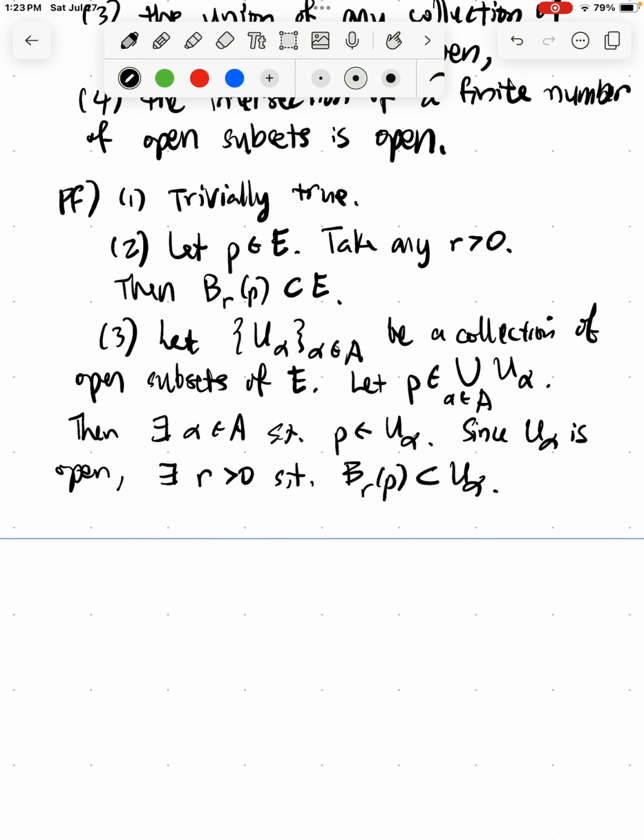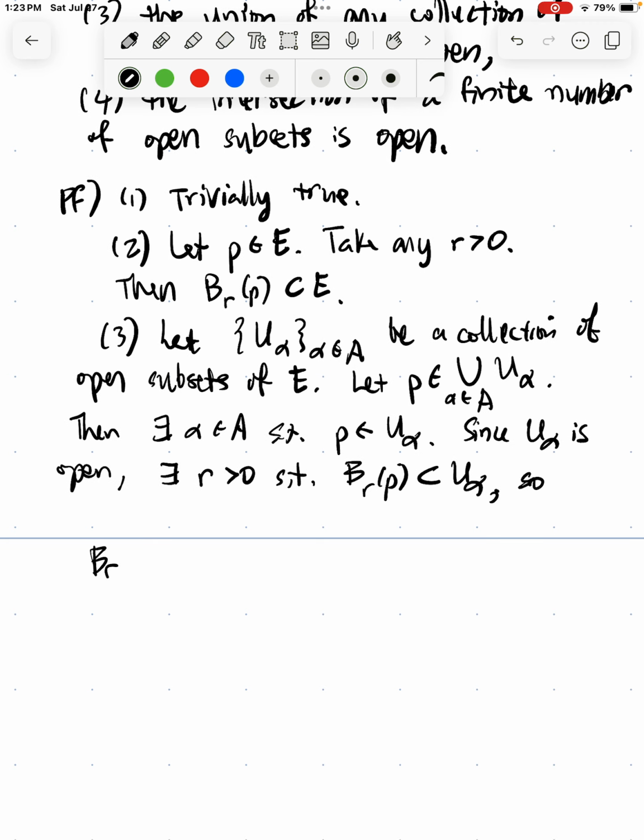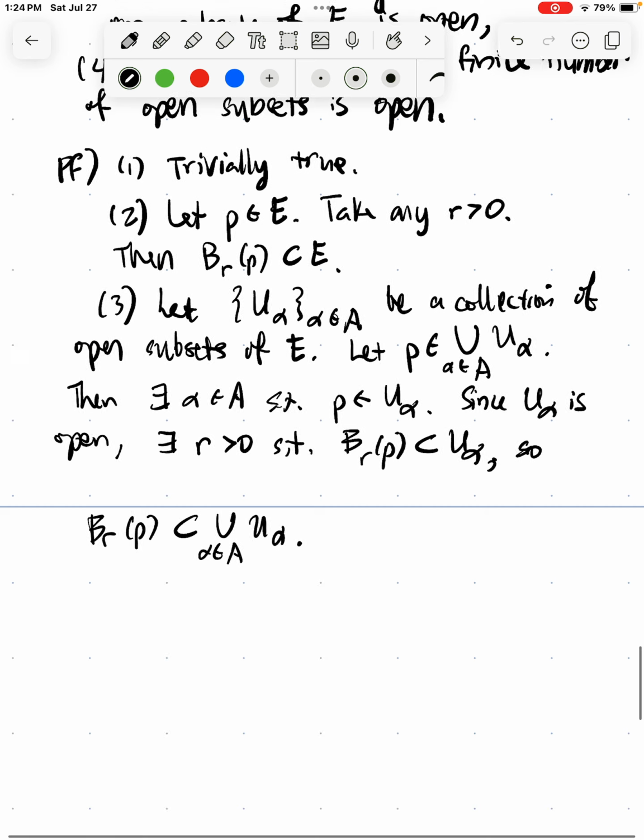Right, and now why are we done? Well, because the union of the U alphas contains U alpha. This is a subset of the union of the U alphas. And that proves number 3.